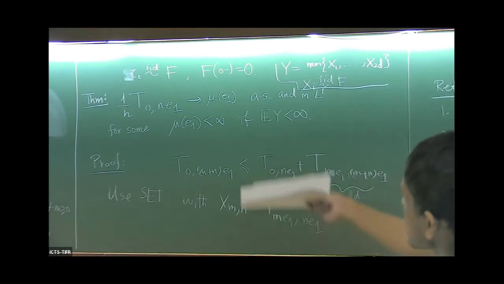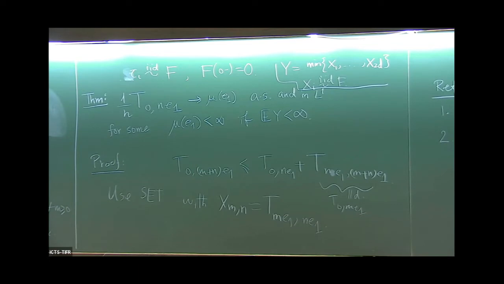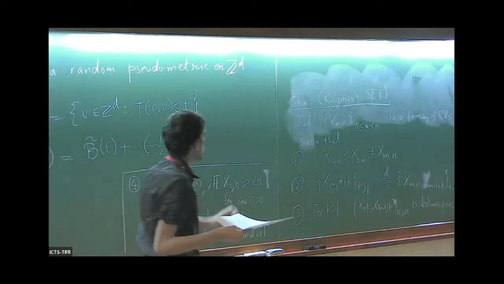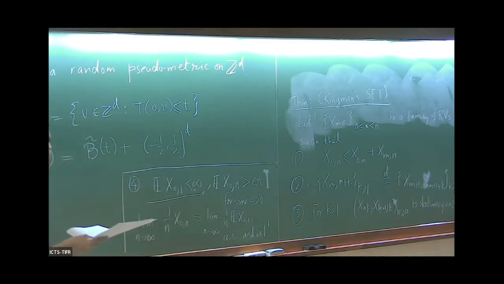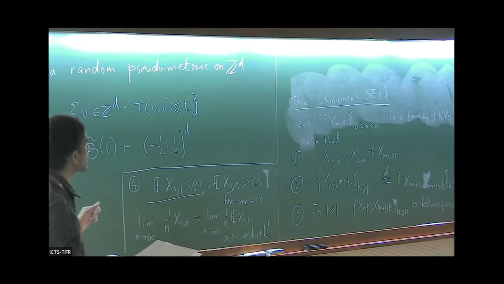It's very easy to see that it satisfies all the hypotheses except one; the only one that requires some work is this. All the others are quite basic if you know a little bit of ergodic theory, and you know that product measure is ergodic with respect to translations in Z^d. All the others are directly verifiable.